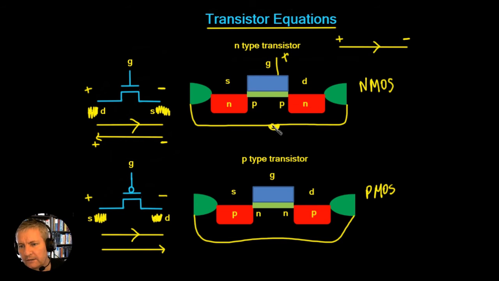So what we do is we actually connect the bulk directly to the source, because we know that this bulk here is going to be a lower voltage than the value on the gate if the device is going to be actually carrying any current.